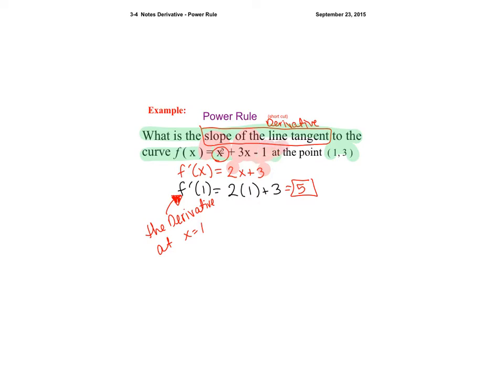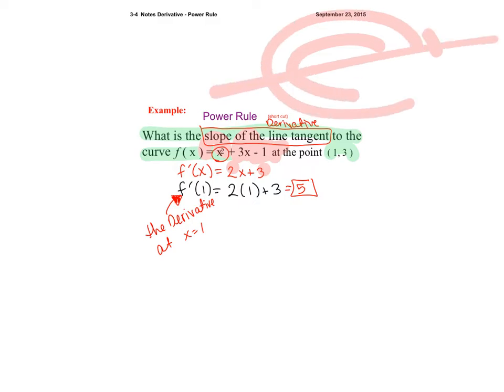And that last term just goes away. Constants, no. You have your derivative, you plug in this value, and you end up with 5. So here you have it. Now, we didn't need the entire point, we only needed the x coordinate, but why not know that this happens at y equals 3?